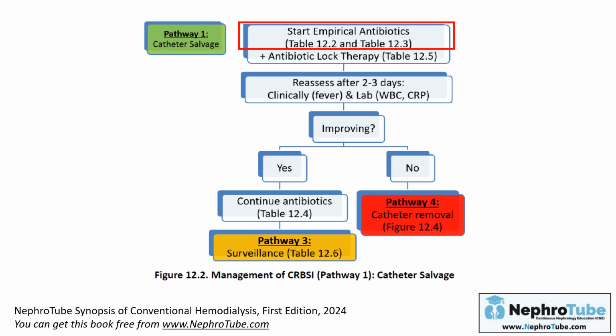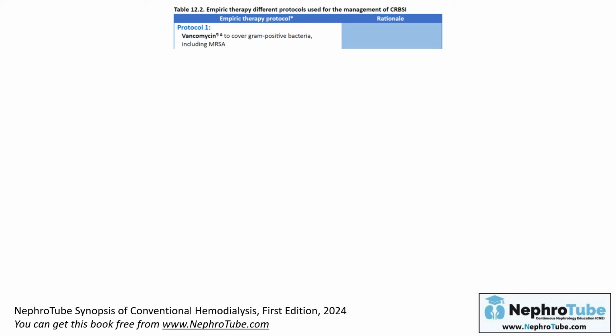What are the empirical antibiotics that I have to start in these patients? Again, I have to mention that you have to obtain appropriate cultures before initiating these empiric antibiotics for treatment, and then you change the antibiotics according to the culture sensitivities.